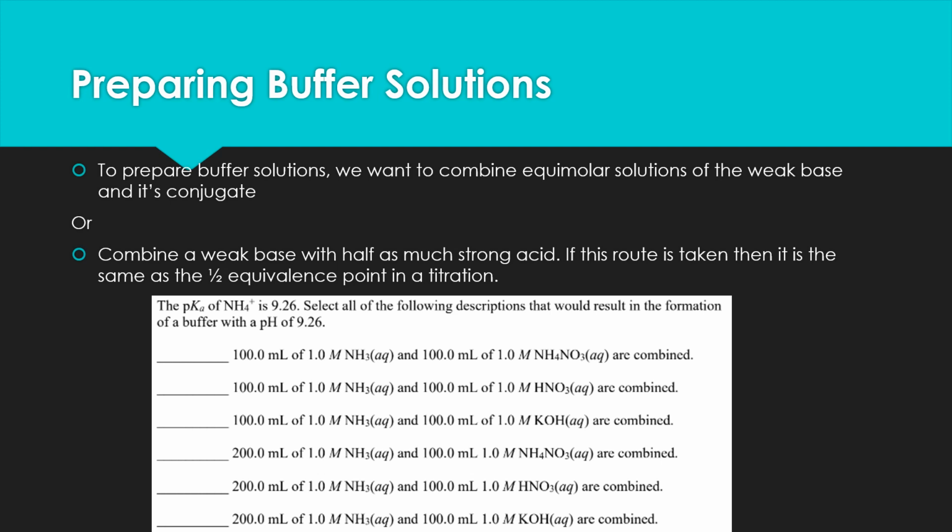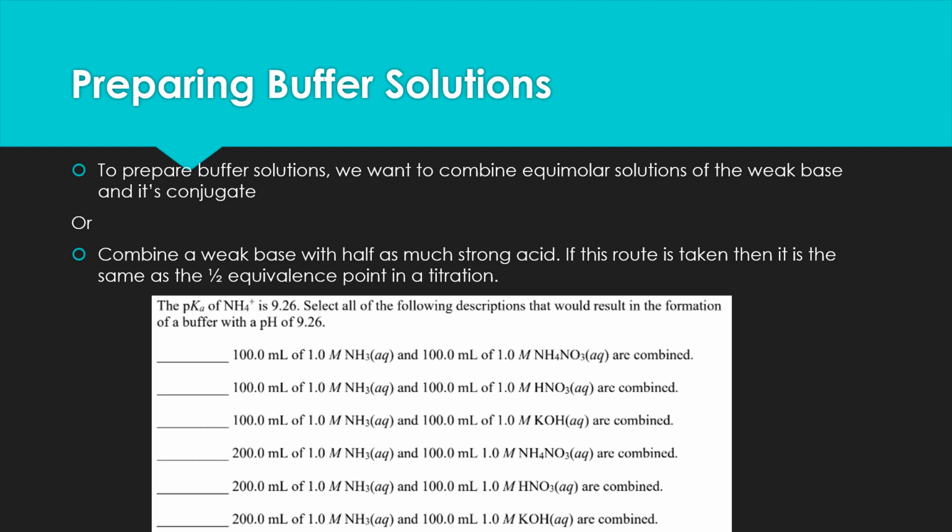So the pKa of NH4 plus is 9.26. So we could also flip this and say pKb of NH3 and get the pKb value. Select all the following descriptions that would result in the formation of a buffer with a pH of 9.26. So we've got a weak base, NH3, and then its conjugate acid, NH4 plus.